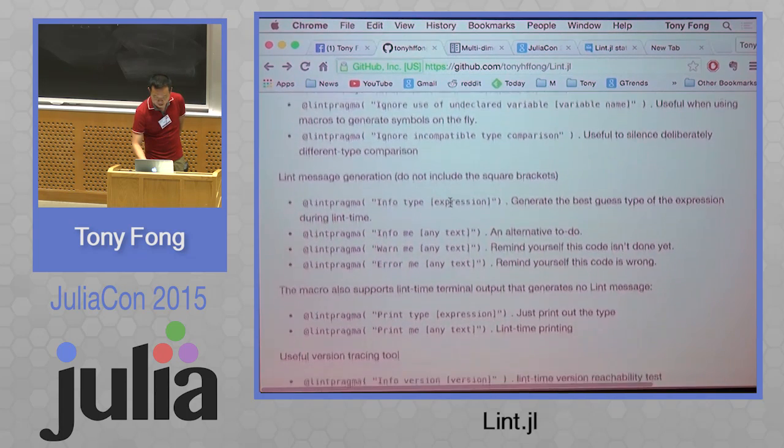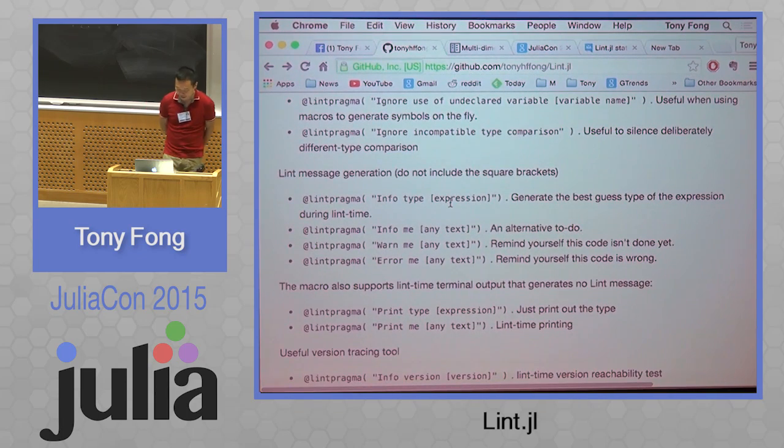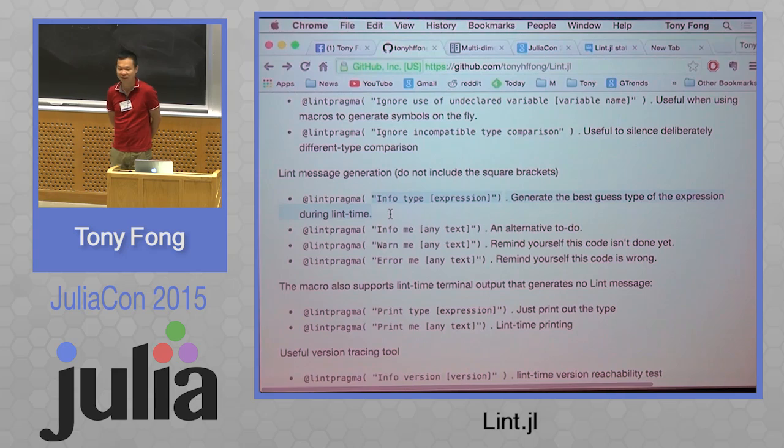Also particularly helpful is that you can use Lint to inform you, at Lint time, what Lint thinks about the type of a variable before anything is actually run. So you can say info type expression. You can info type variable x, and if Lint can figure out what x is at Lint time before actually running it, it will tell you.